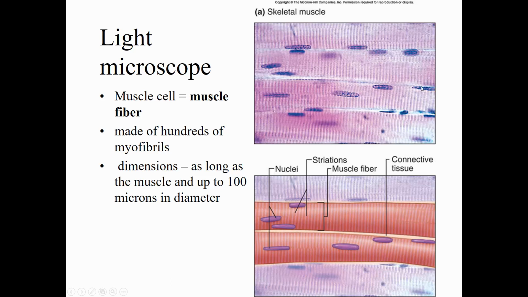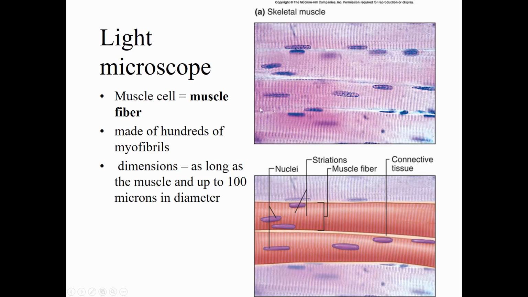It's got many nuclei, because it would be ridiculous for the messenger RNA from this particular nucleus to have to diffuse all the way down a cell. So there's sort of nuclear domains along the cell, and this nucleus is taking care of this part of the muscle, and this nucleus is taking care of this part of the muscle, so on and so forth.